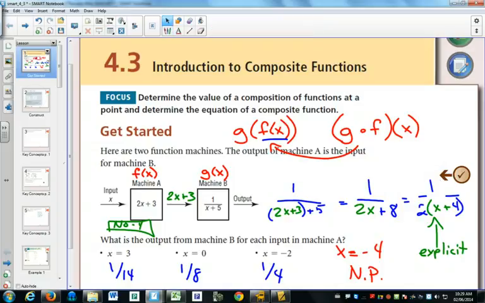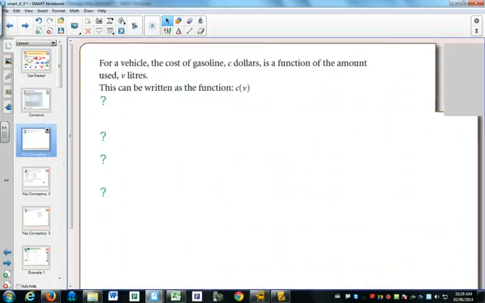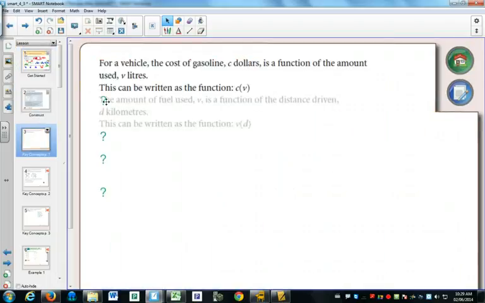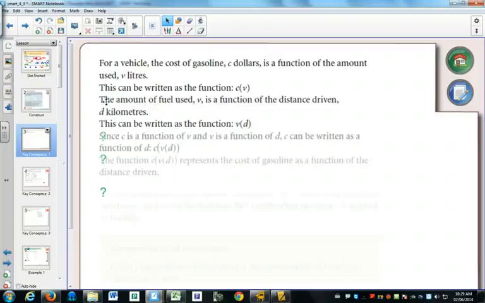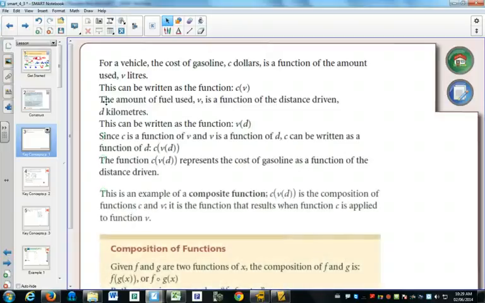All right, we're going to skip over the construct the understanding, but there are some important definitions here. And here is an example of where some of these composite functions are used. Because when you look at things that you do, there are lots of real life examples which are functions of each other.